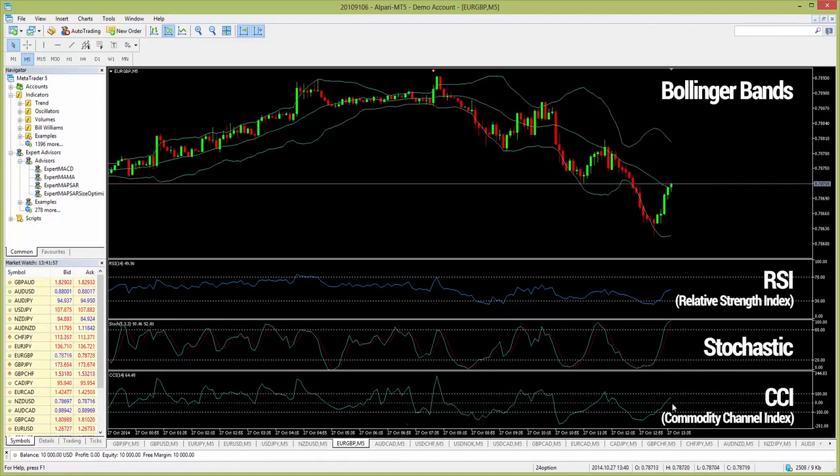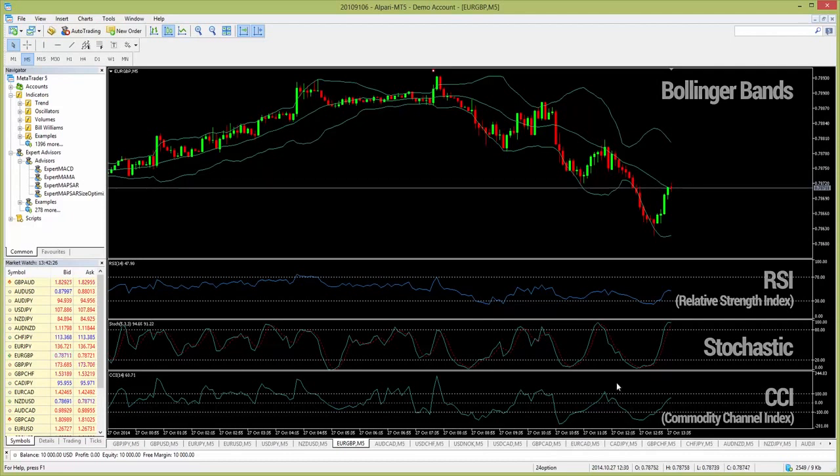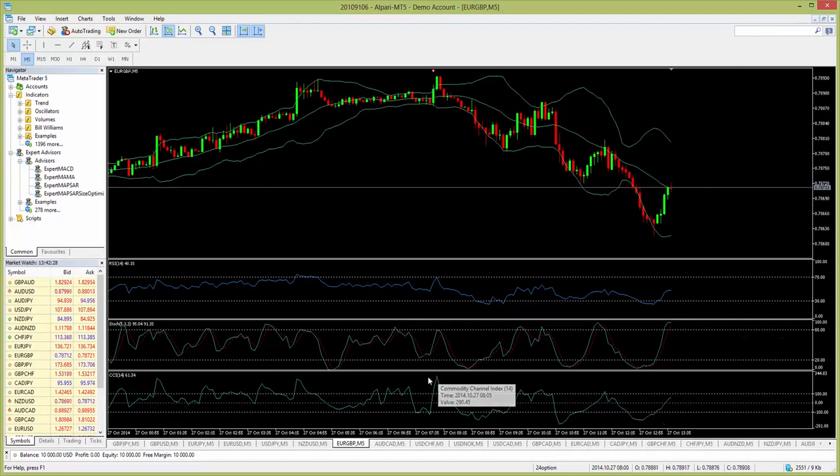And with CCI, we're looking for conditions where CCI is higher than 100, preferably even higher, so looking at 150 or higher. But I would never enter a trade if CCI is lower than 100. And on the other side, we're looking for minus 100 or lower, or preferably minus 150 or even lower than that. So for example, conditions like these here and this one here.